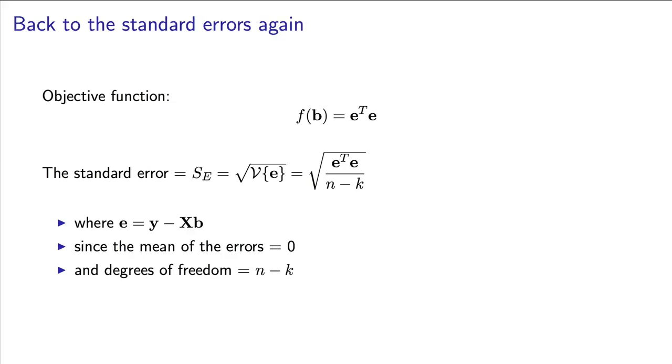Standard error, you will recall, is equal to the objective function of the least squares model divided by n minus k, and then we take the square root. So in other words, standard error is calculated as E transpose E divided by n minus k, and then we take the square root. Once we have that error vector, it is easy to go calculate the standard error. In the next video, we're going to look at the important topic of interpreting the multiple linear regression coefficients.